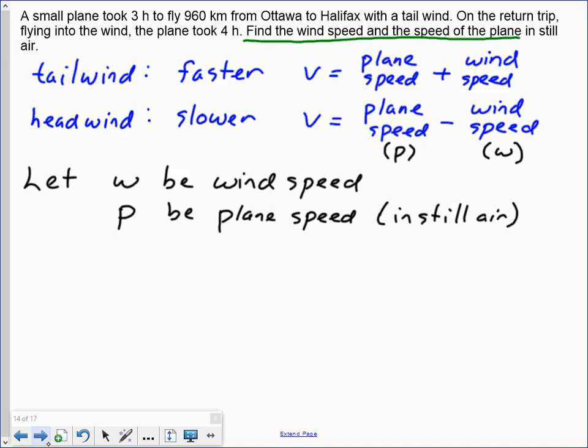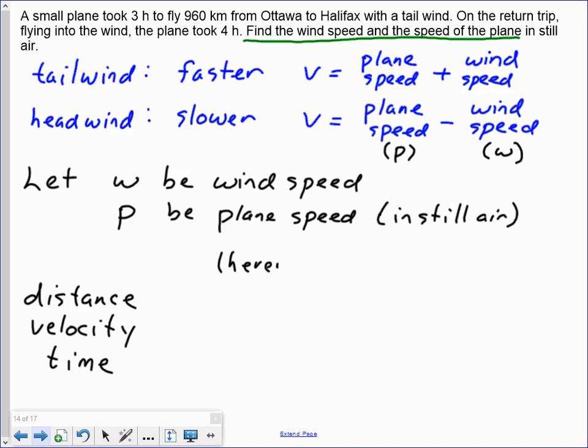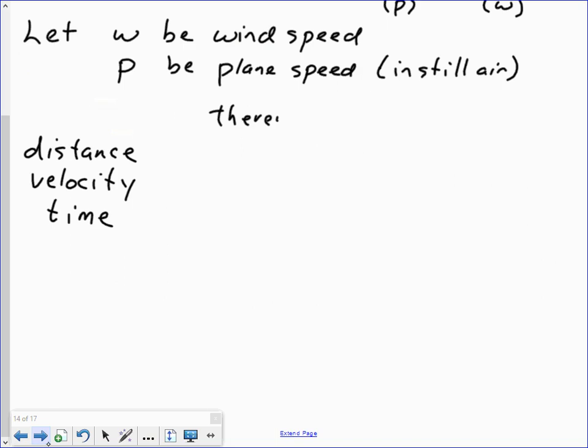All right, let's set up a table, again, for distance, velocity, and time. And we've got two trips that we're talking about here. We've got the trip from Ottawa to Halifax, so we're going there. And then we have the return trip where we are going back. Those are the two categories that we have here.